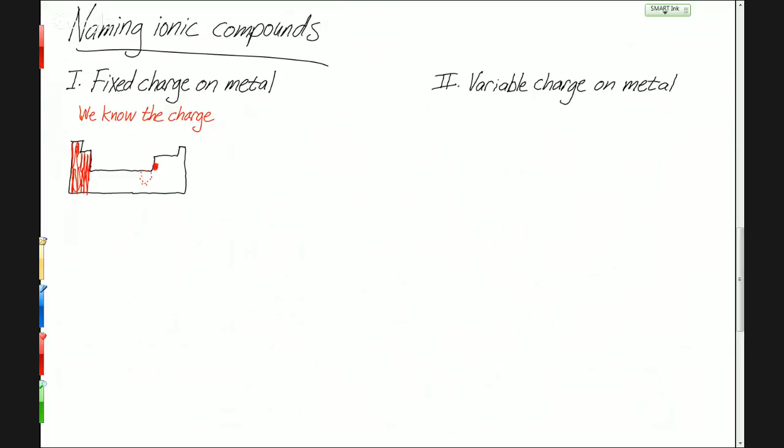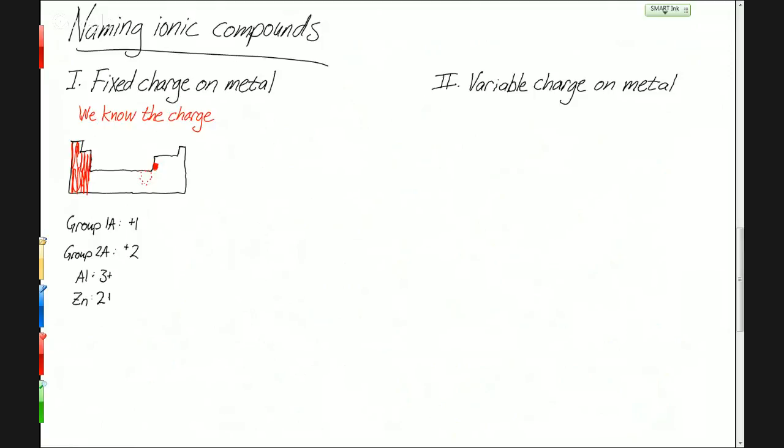Here are the ones that we know the charge of. We know group 1A is always +1. Group 2A, the metals are always +2. Aluminum is always +3 or 3+. And then there's actually three more.